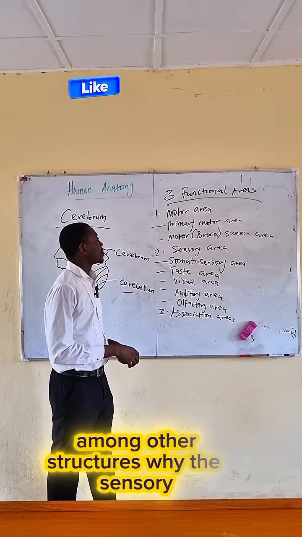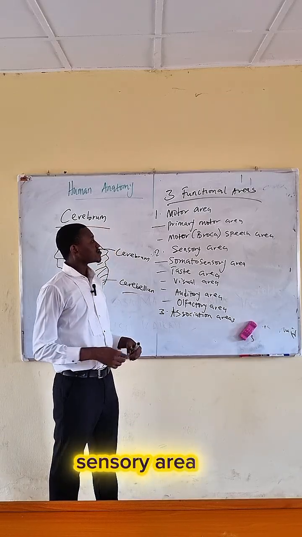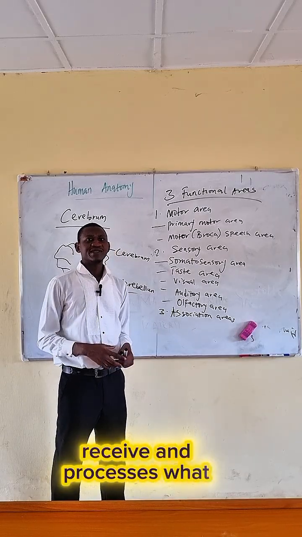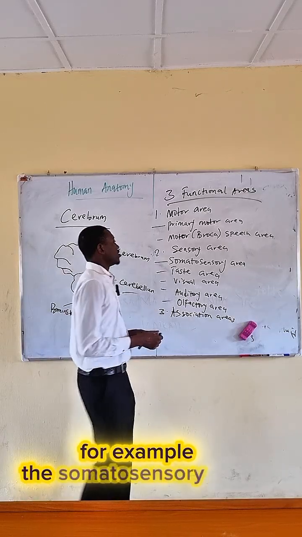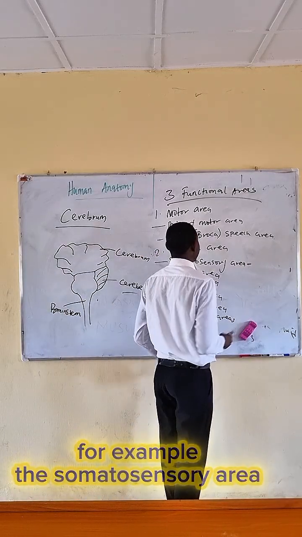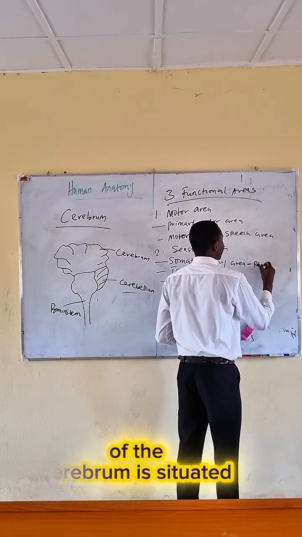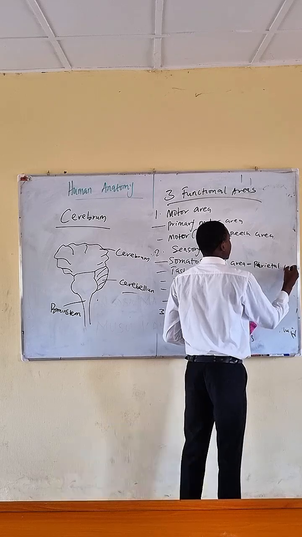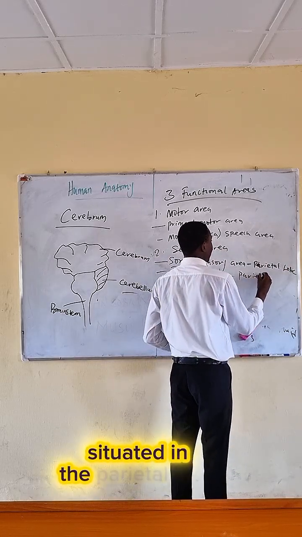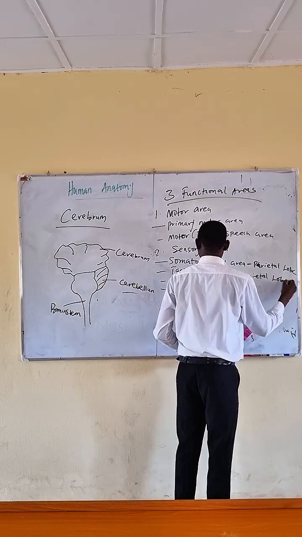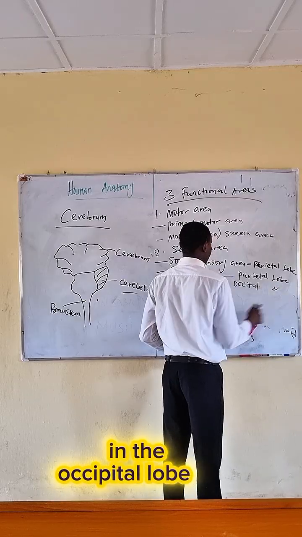While the sensory area receives and processes sensory information from different parts of the body. For example, the somatosensory area is situated in the parietal lobe of the cerebrum. The taste area is also situated in the parietal lobe. The visual area is situated in the occipital lobe of the cerebrum.